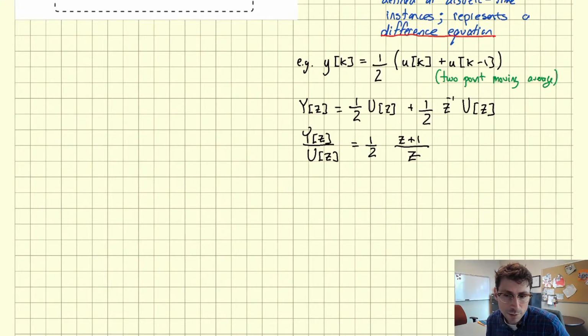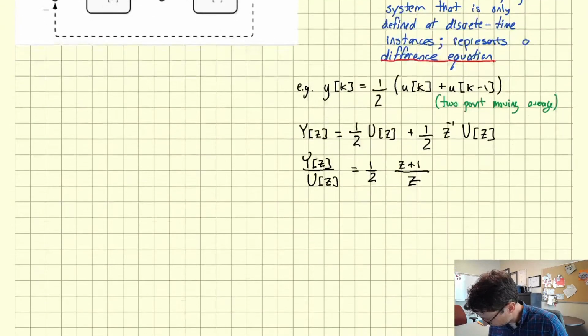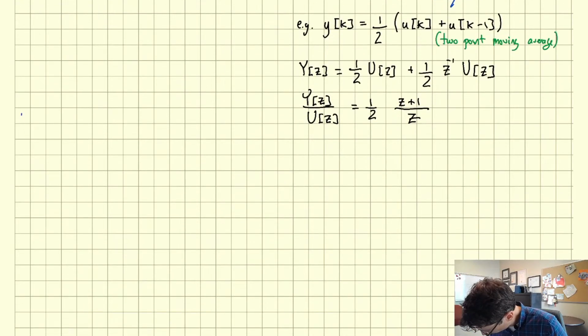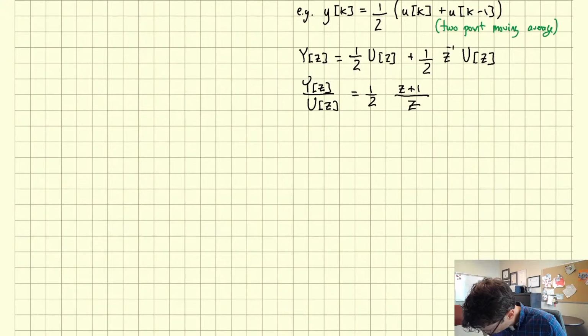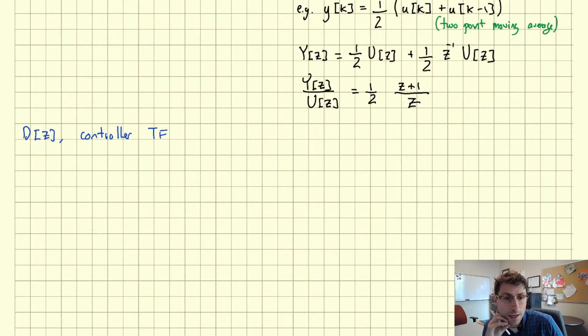Okay, but the rest of the stuff is sort of the same, and the interpretations would be the same. So let me continue. So we're still talking about systems. D of z is the controller. Right? And so what we want to be able to do is design d of z. Right?